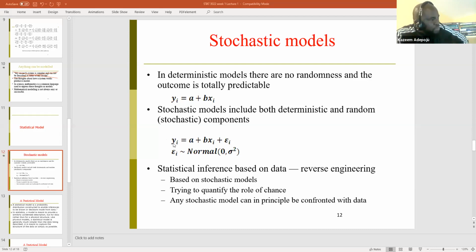The difference between reality and a model is what we call unexplained variation. And the assumption we put on the unexplained variation is that it should follow a normal distribution. That was the reason why we said we are trying to quantify the role of chance by considering a stochastic model.